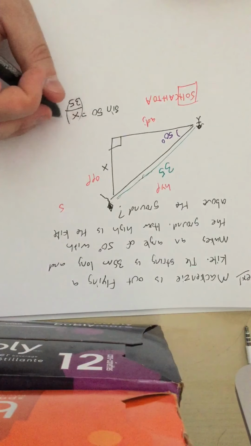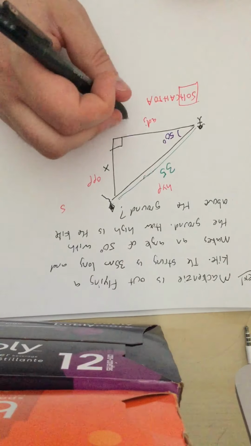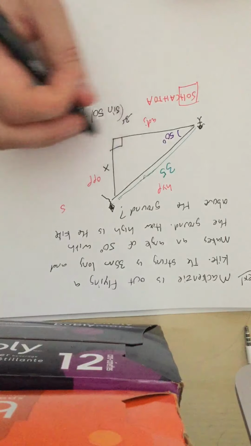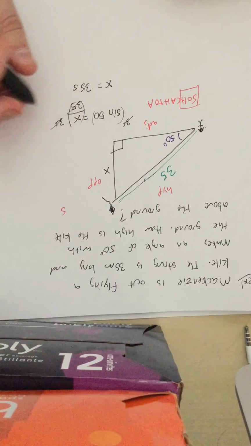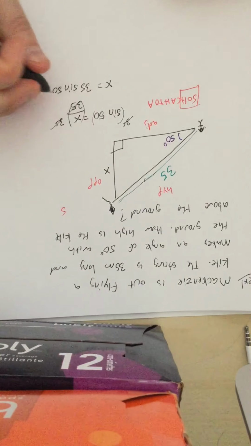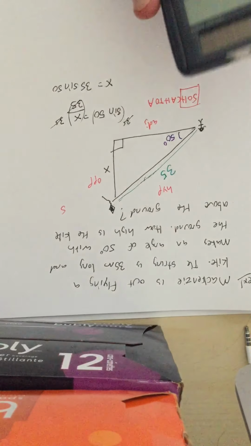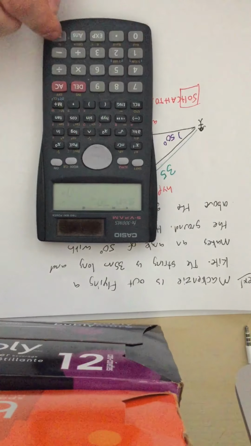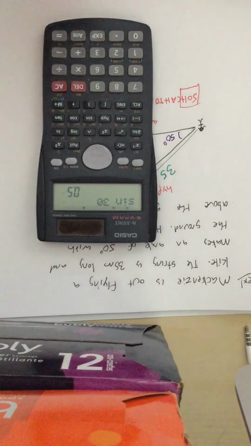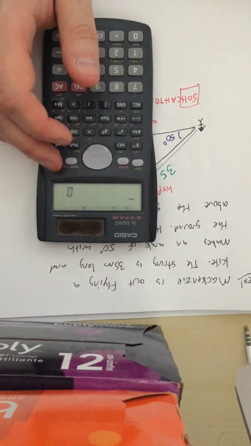And hopefully you've done a couple of these sheets by now so you know how to solve it. Oop, no, I don't cross that out, I cross these guys out. So x equals 35 sine 50. I take our calculator, remembering it has to be in degrees. If you're not sure if you're in degrees, type in the sine of 30 and it should say 0.5. If the sine of 30 is not 0.5, your calculator is not in degrees.